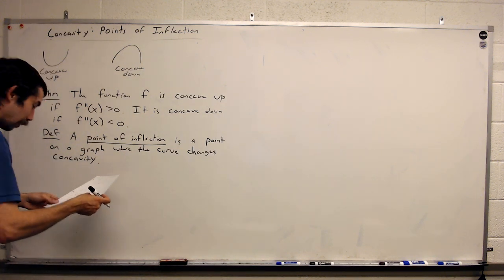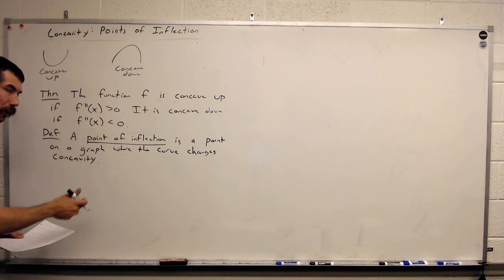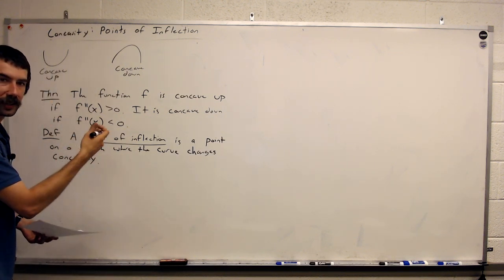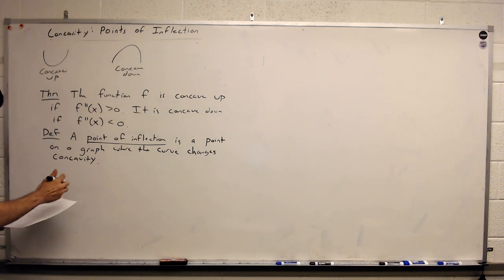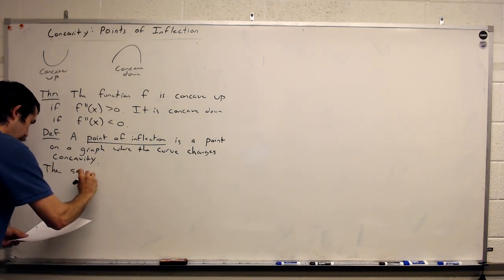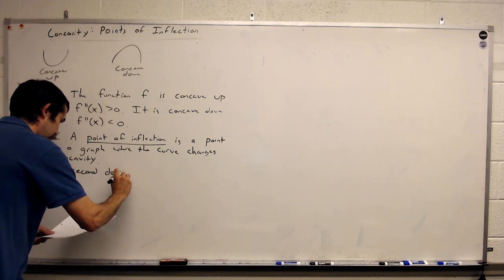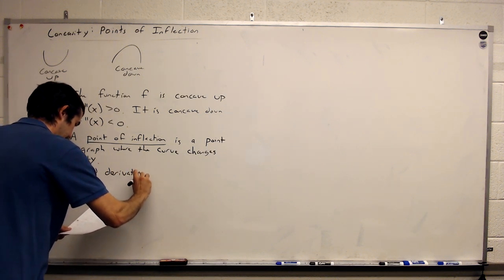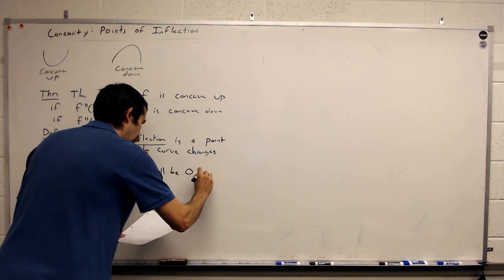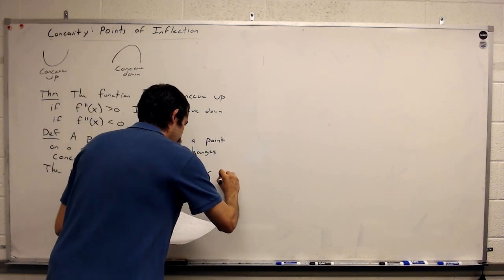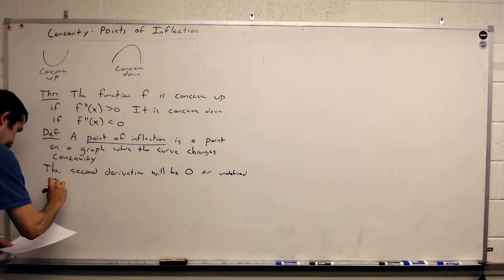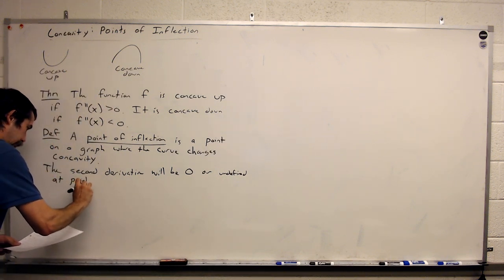All right, and so to find points of inflection, that's when our second derivative is 0 or undefined. So the second derivative will be 0 or undefined at points of inflection.